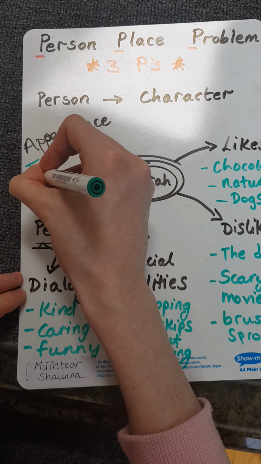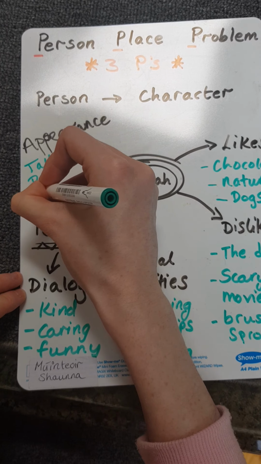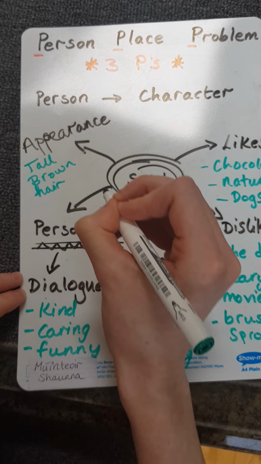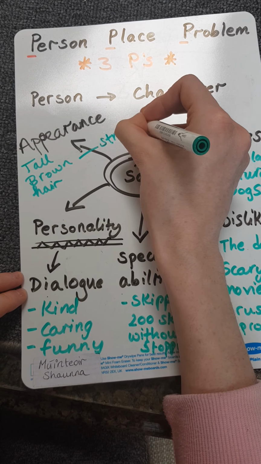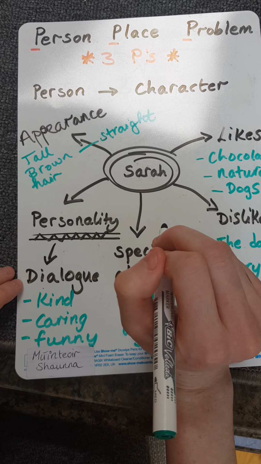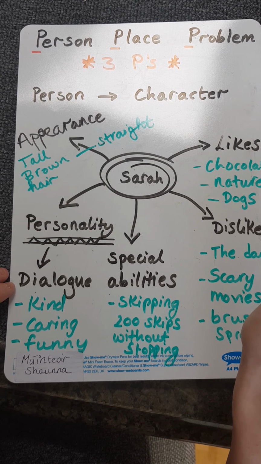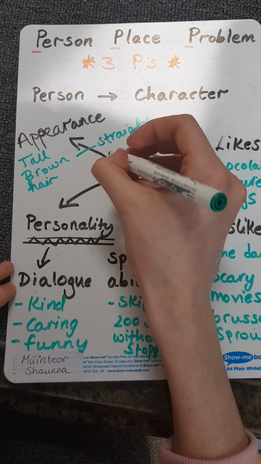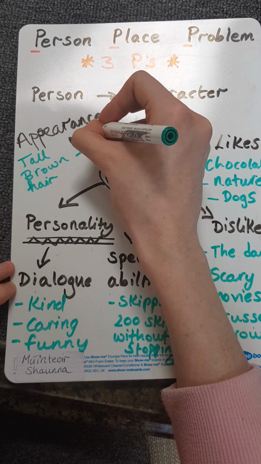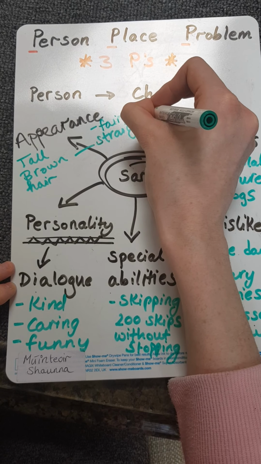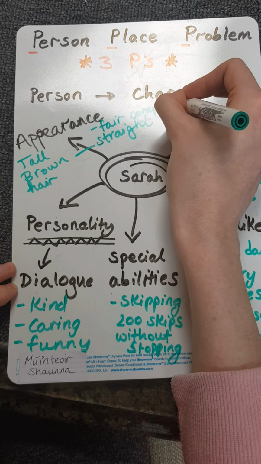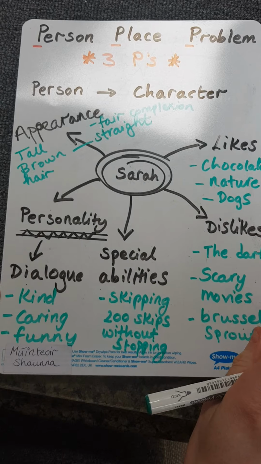She has brown hair, which might be straight or curly, but in this case it's straight. And she's pale, fair skinned, right? Fair complexion. Complexion means your skin appearance, okay?